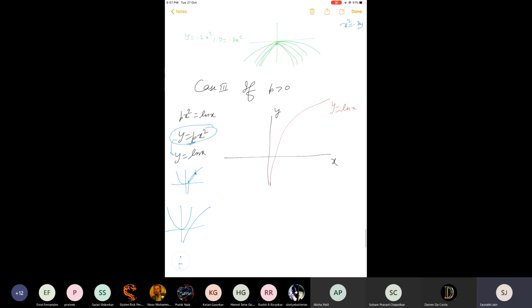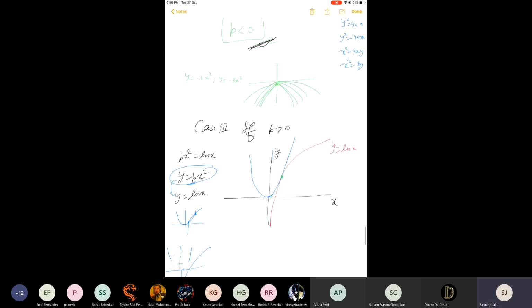We have to find that positive p for which I am getting one solution. Maybe something like this. This point where they are meeting, we have to find this point, because I think it is not possible for all positive p's that they meet at only one point. So we need to find it.